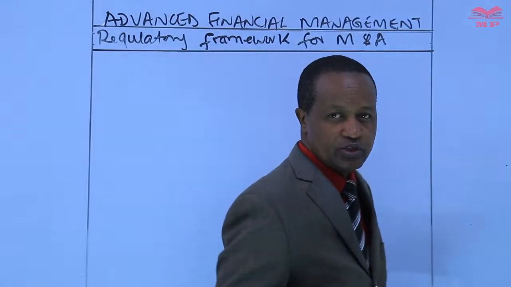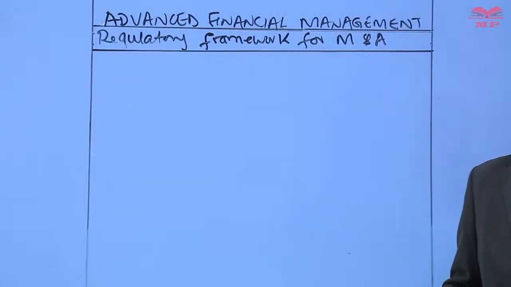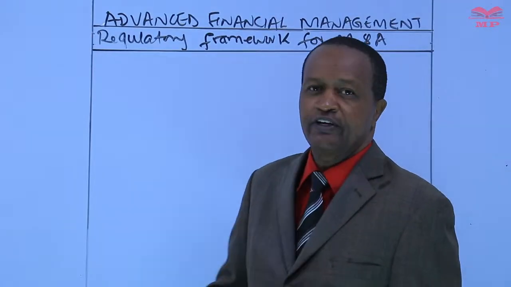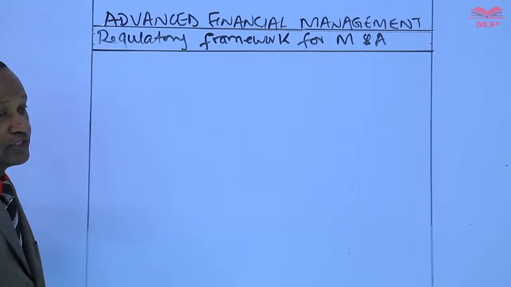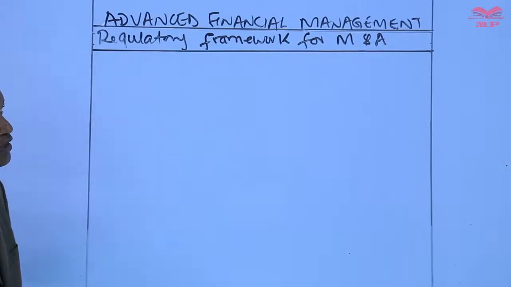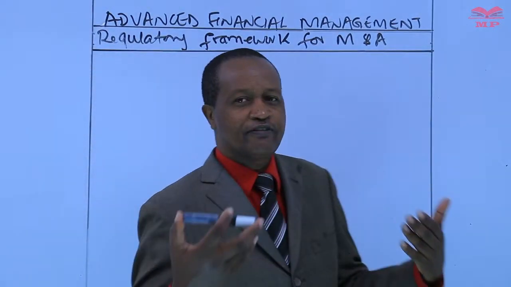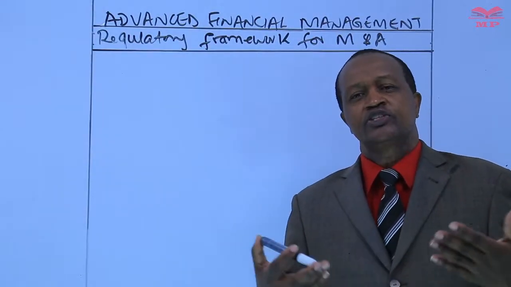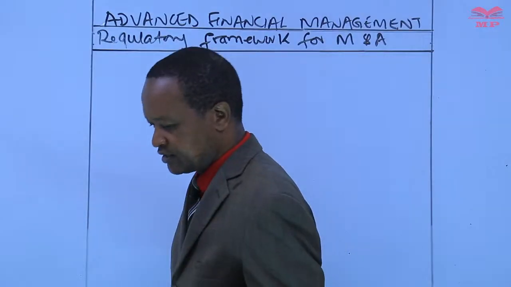The regulatory framework for mergers and acquisitions in Kenya is designed to ensure fair competition and also to protect the interests of various stakeholders. When companies choose to merge or when a company decides to acquire another one, that decision is likely to affect many stakeholders like the employees, the management, the shareholders, the investors, the members of the public, and so on.